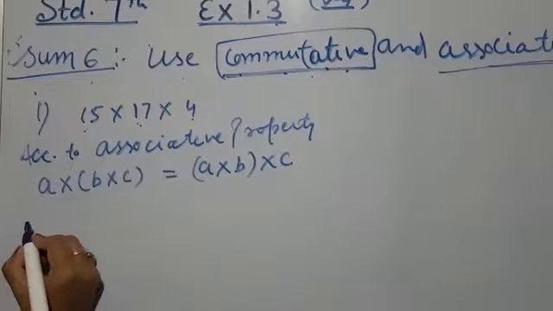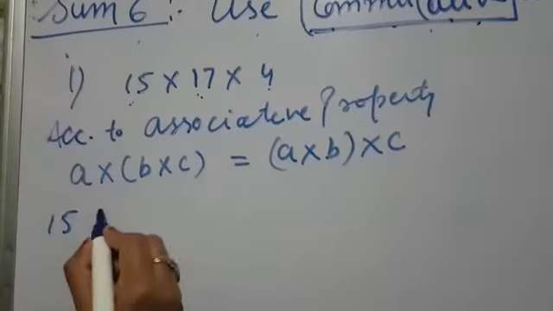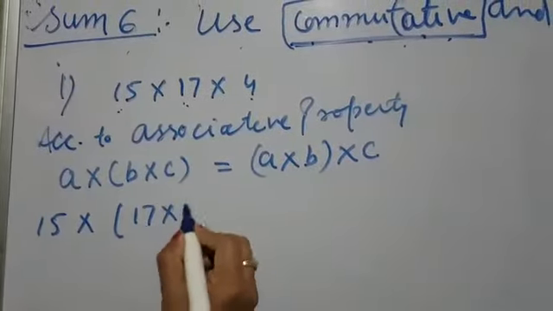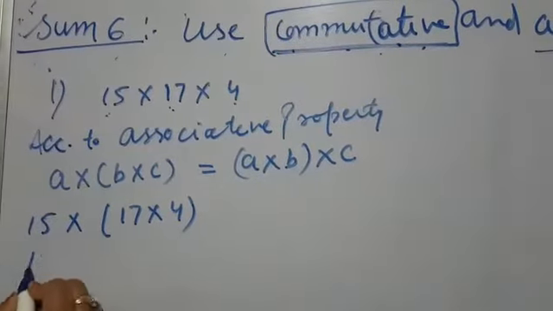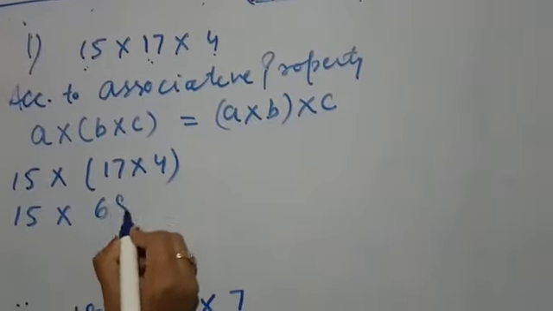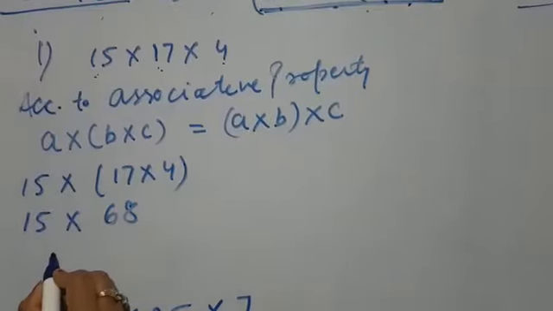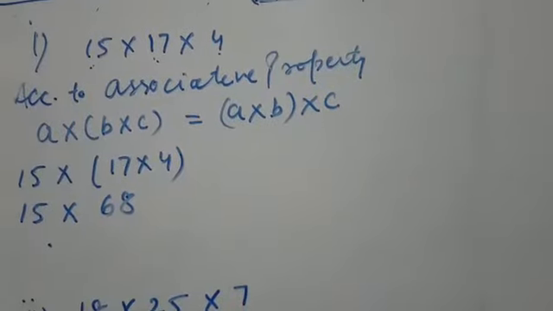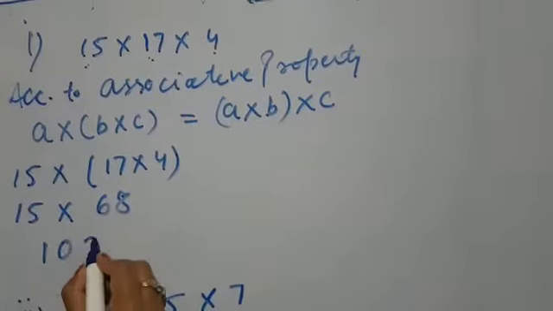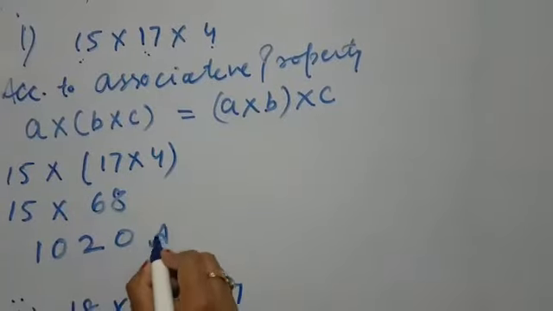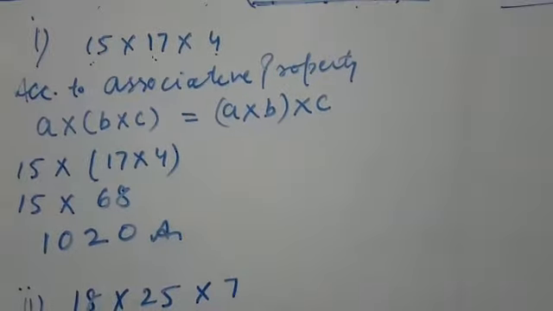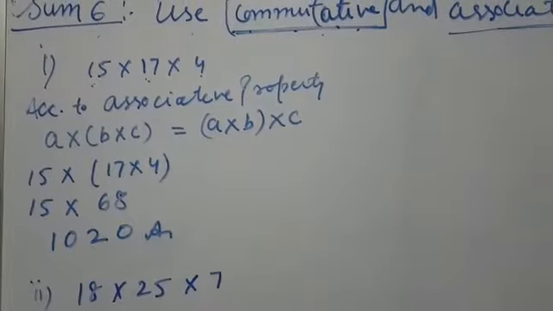So I will use the first side. 15 multiply, keep 17 multiply 4 in bracket, 15 into 68, and my answer will be 1020.